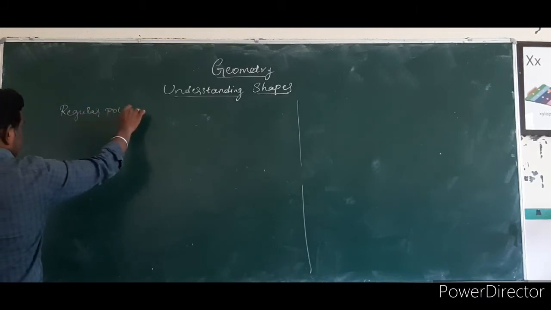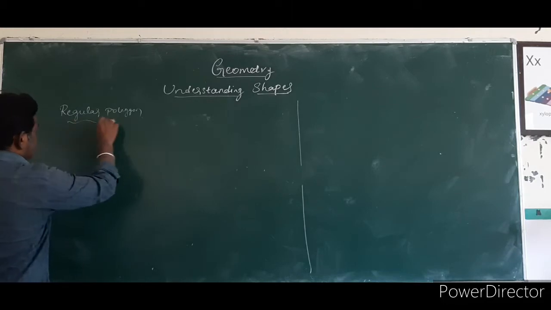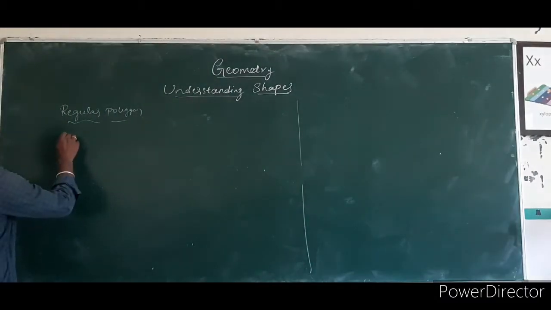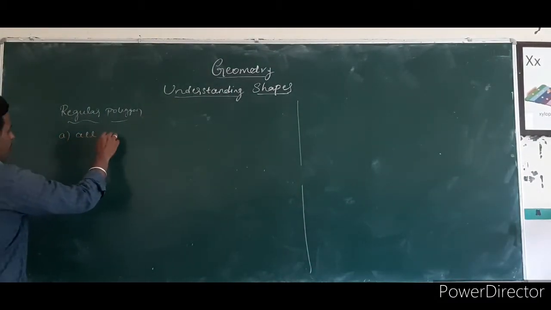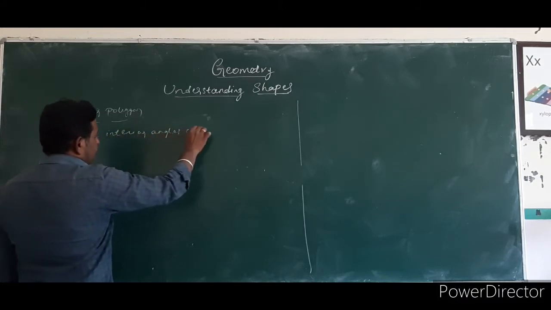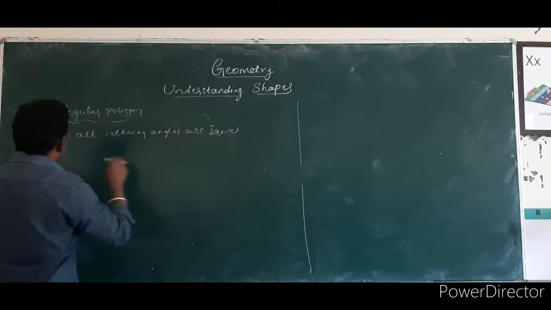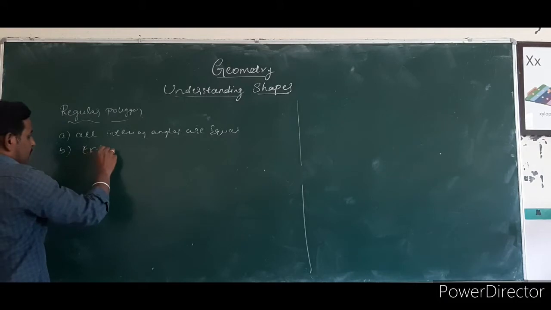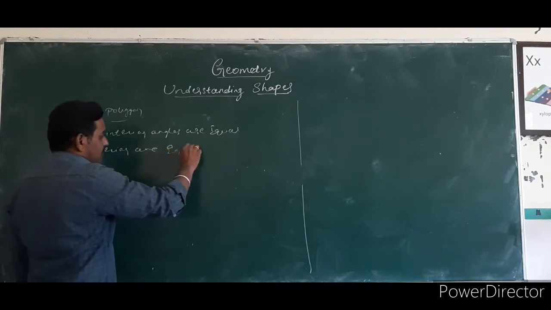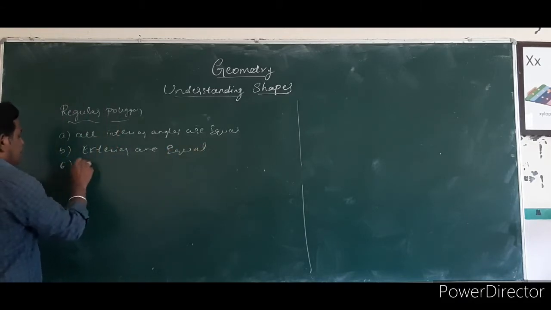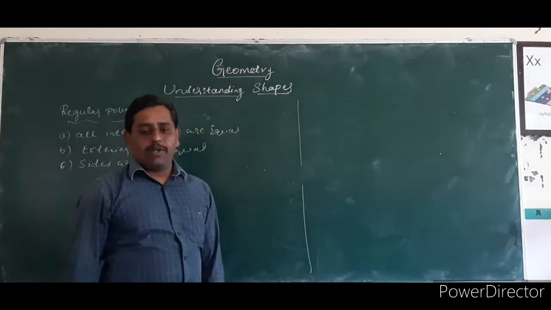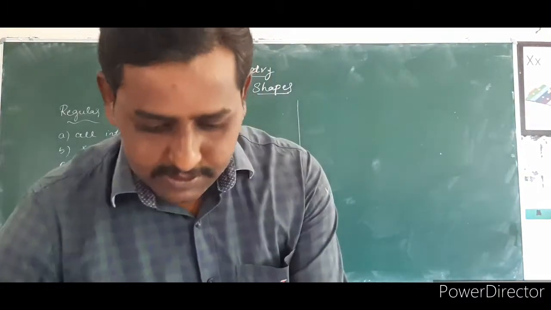What is the difference between a regular polygon and a polygon? A regular polygon means all the sides are equal.